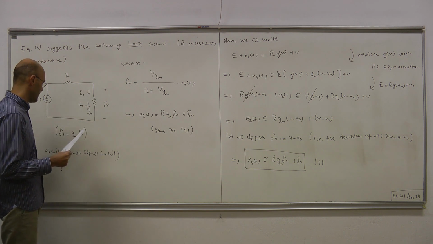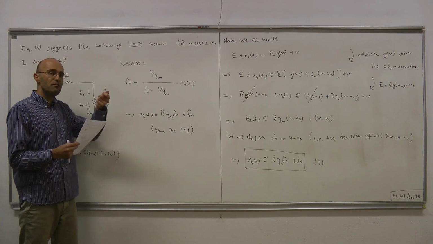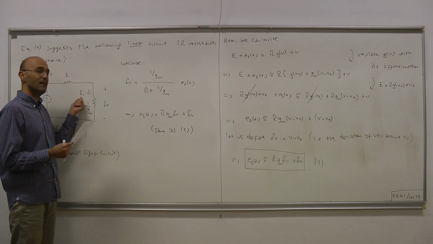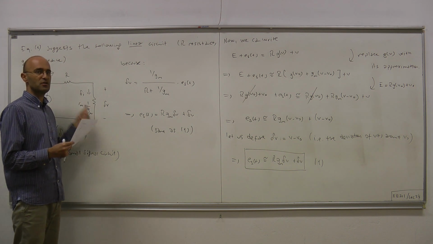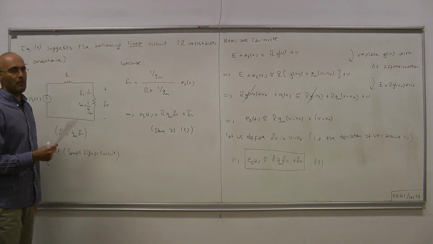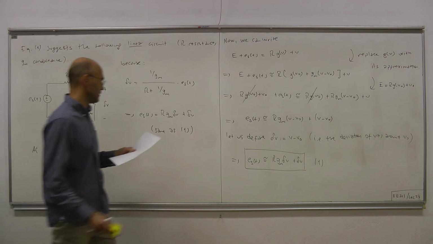And finally, in step 3, add to V0 this correction term delta V, or add to I0 this correction term delta I, and you will obtain a better approximation than the DC operating point. So that's the final step.